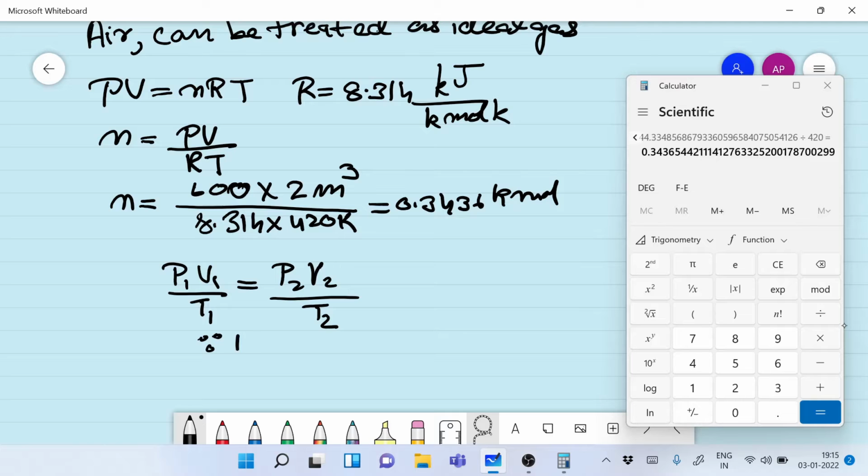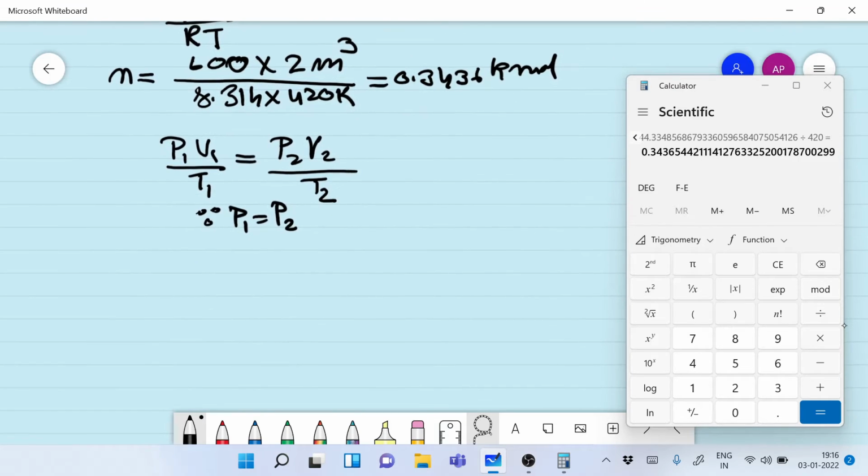Since P1 is equal to P2, it's a constant pressure process, therefore we have V1 over V2 is equal to T1 over T2.